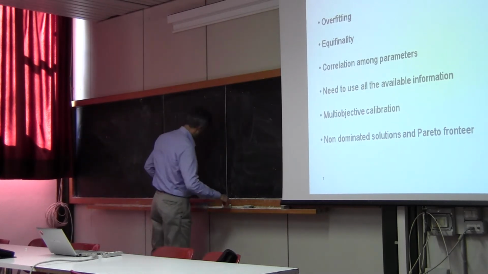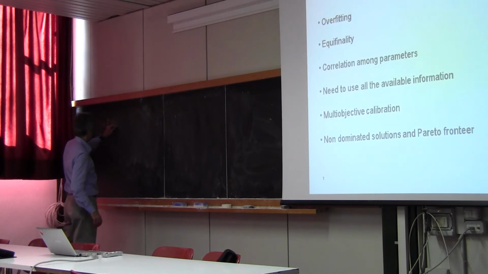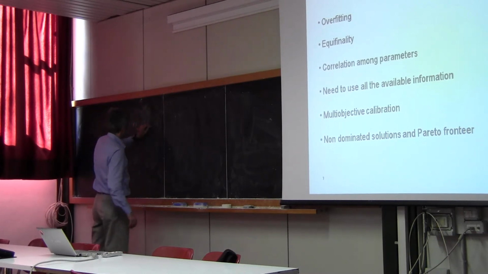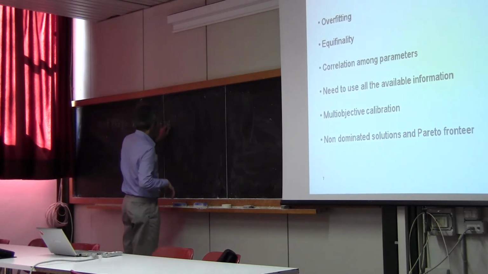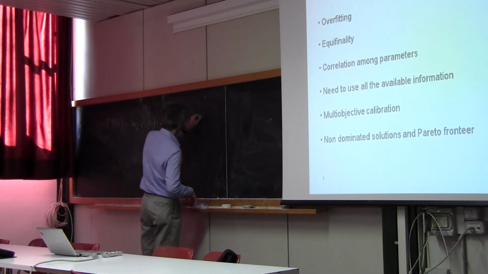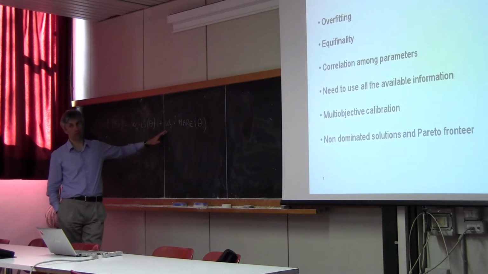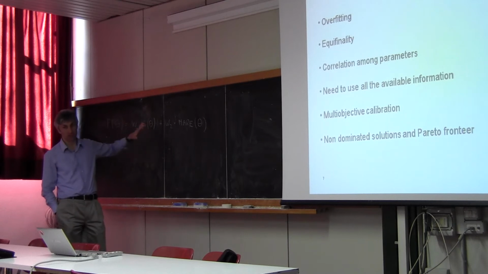Like, we can compute an objective function f(theta), which is given by w1 times LS(theta), where LS is sum of squares, plus w2, which multiplies the mean absolute relative error of theta, where w1 and w2 are weights that give more or less emphasis to each one of the two objective functions.